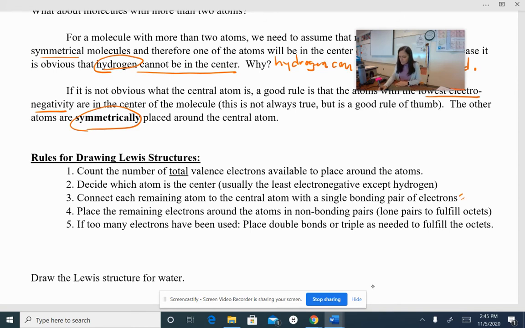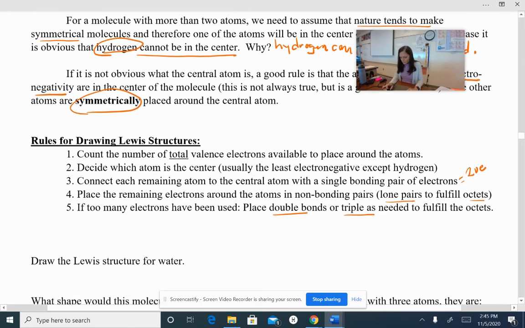Remember that each of those bonding pairs takes up 2 electrons. Place the remaining electrons around the atoms in non-bonding pairs. These are the dots that make the lone pairs to fill the octets. If too many electrons have been used, we're going to have to start using double bonds or triple bonds to fill up the octets. Okay, so let's draw the Lewis structure for water.